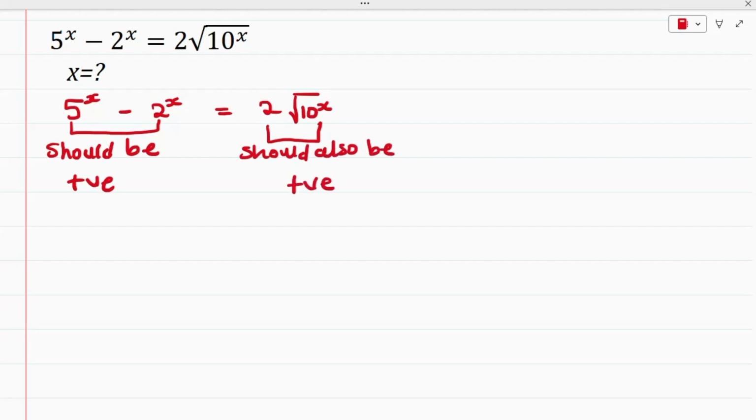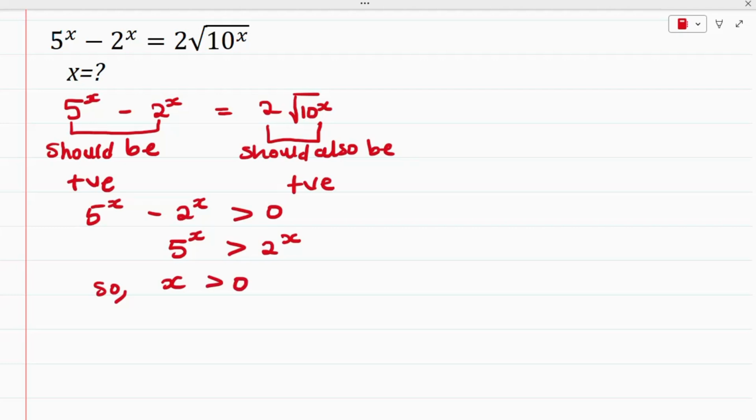So this implies that 5^x minus 2^x is greater than 0. So we have that 5^x is greater than 2^x. So we can say that x is greater than 0. So whatever solution we have to this equation, x must be greater than 0.